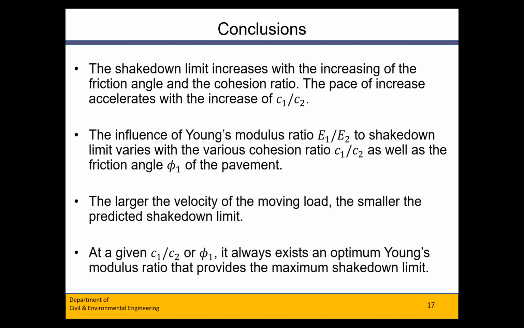Thirdly, the larger the velocity of the moving load, the smaller the predicted shakedown limit. Finally, at a given cohesion ratio or friction angle of pavement, there always exists an optimum Young's modulus ratio that provides the maximum shakedown limit.